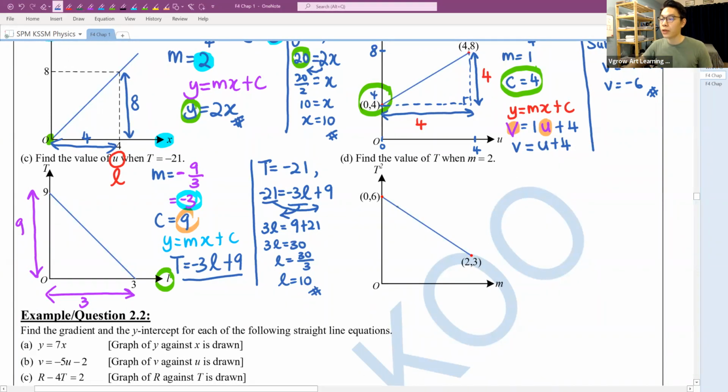Okay, and then this one, also another negative gradient. Negative. Ask yourself the same question to find out the gradient. What is the y distance and what is the x distance? Sometimes it might be helpful to put down the coordinates.